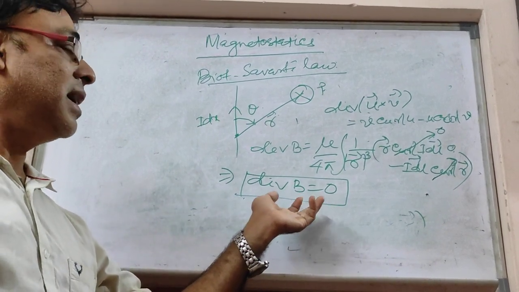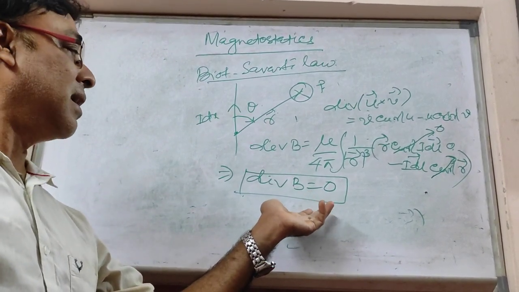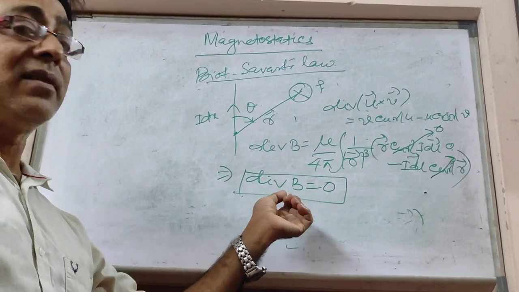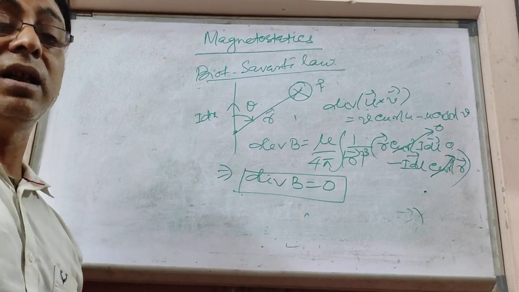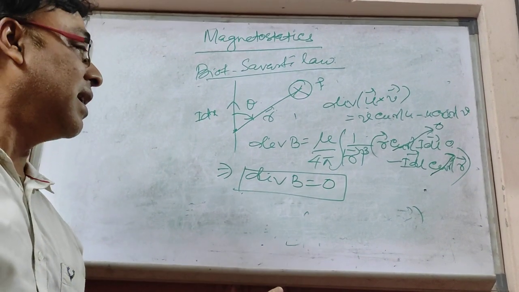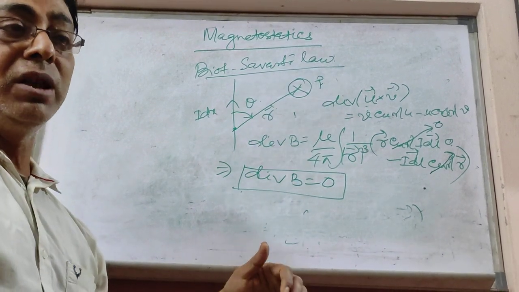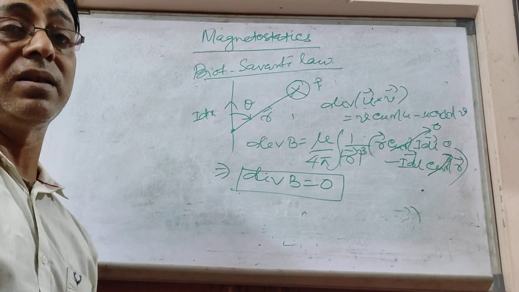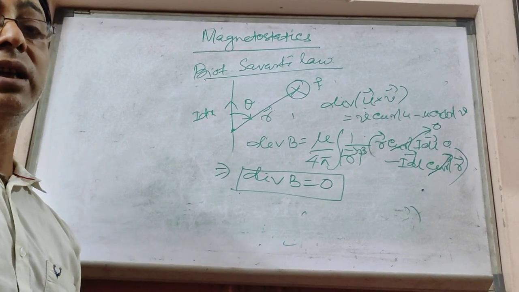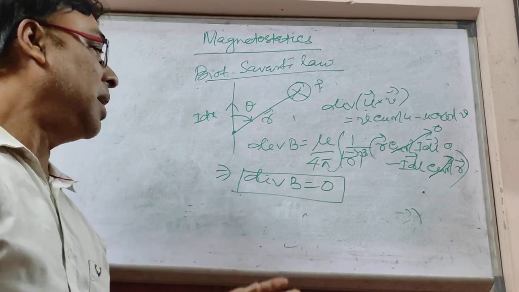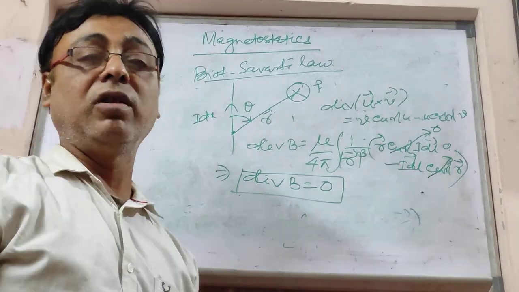Unlike electrostatics, where the electric flux lines emanate from positive charge and terminate at negative charge, there is no such source and sink in the case of the magnetic field. That's why an isolated pole does not exist. That means the magnetic field is a solenoidal field.